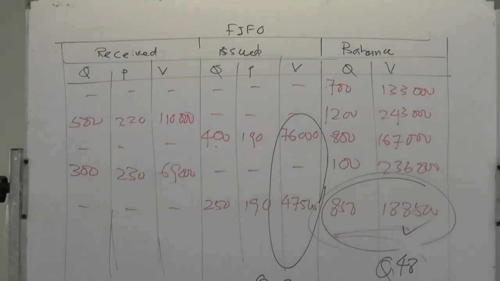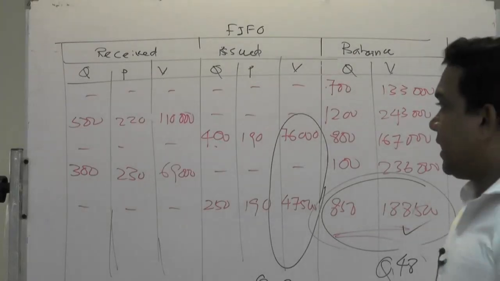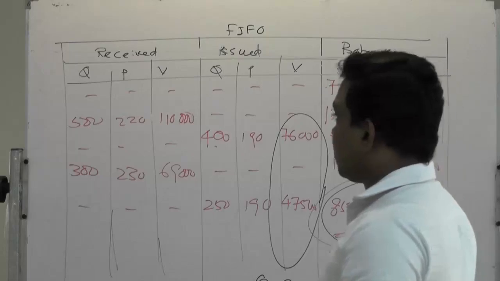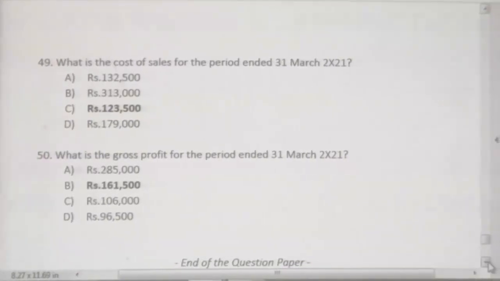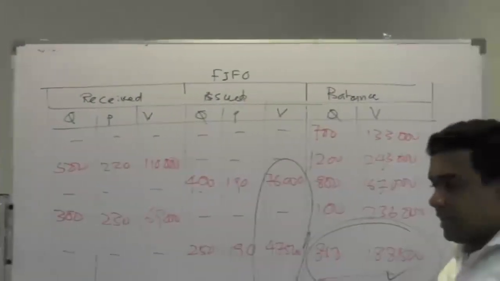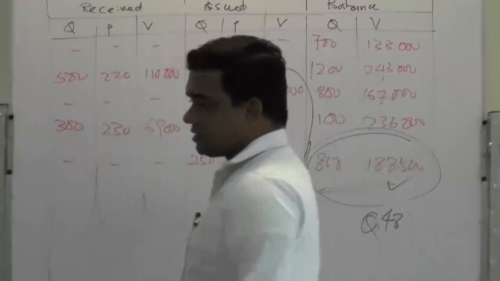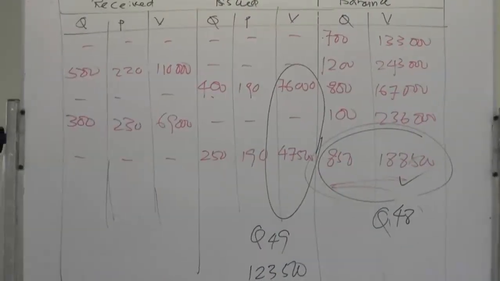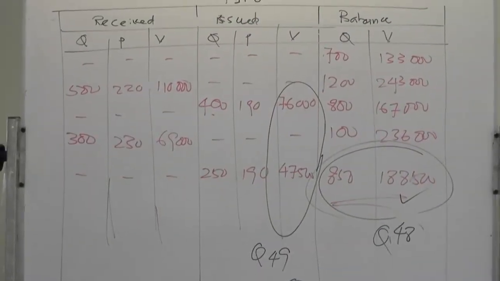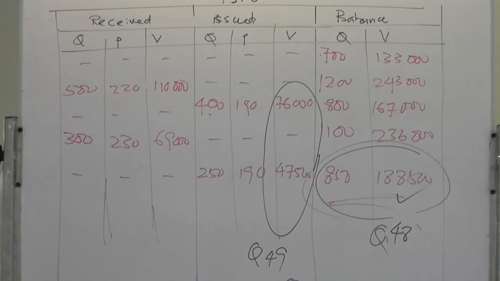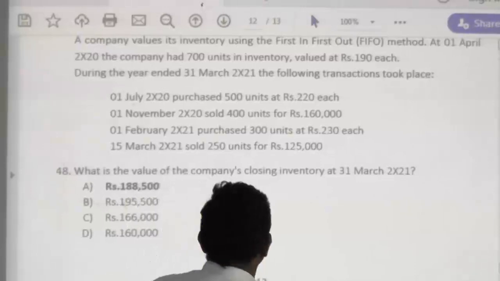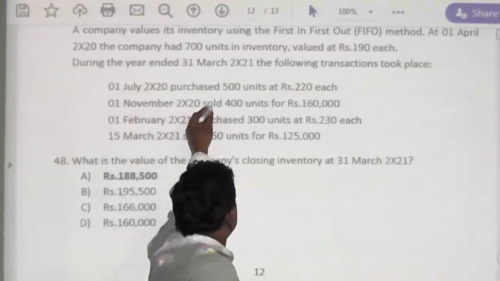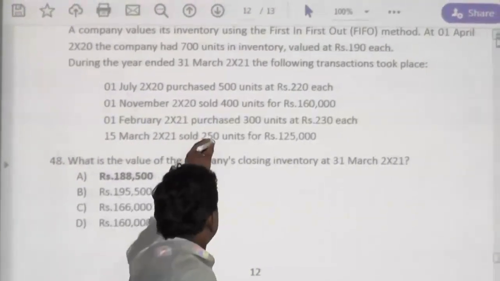And the final question in the pilot paper. What is the gross profit for the period? The gross profit will be the sales price minus cost of sale. To take the total sales price from the company, you have to go to the information given in the question. You have made two sales, November sold, March sold.